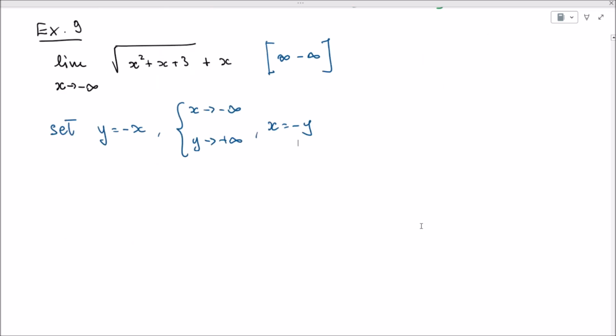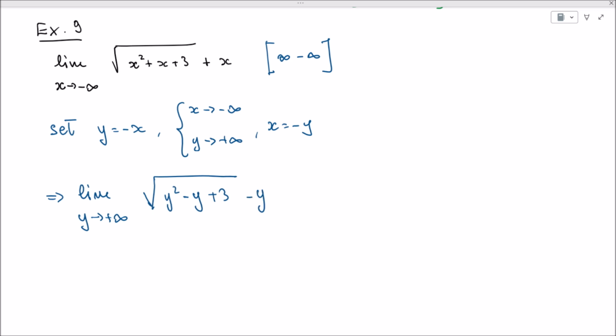Now, this limit becomes the limit as y tends to plus infinity of the square root. Well, x squared, of course, is y squared. x is minus y, plus 3. And then we have minus y.